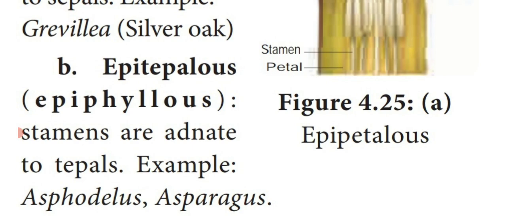Any one of the flower whorls being absent, that flower is known as imperfect flower. In some of the plants, the calyx and the corolla, first whorl and the second whorl, are absent, or they may be modified into a leaf-like organ, known as perianth, which is always green in color. In some of the plants, it may be a colored region. A modified form of calyx and corolla is known as perianth. The individual unit of a perianth is known as tepal.